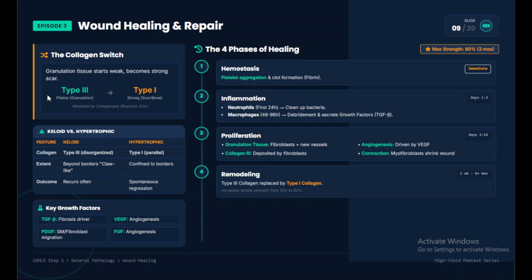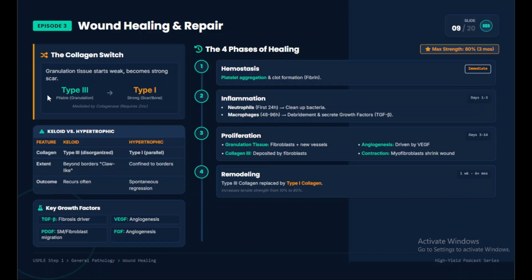Keloid and hypertrophic scar resemble each other a lot, because keloid has a similar background to hypertrophic scar. In keloid, type 3 collagen is more present. Type 3 collagen is not being converted into type 1 properly, and type 3 collagen is pliable, which gives a pliable appearance.